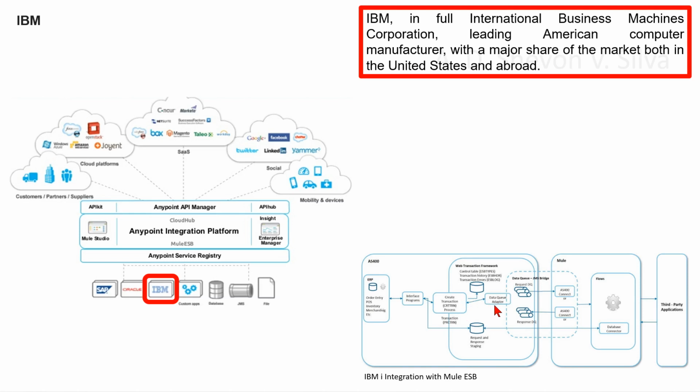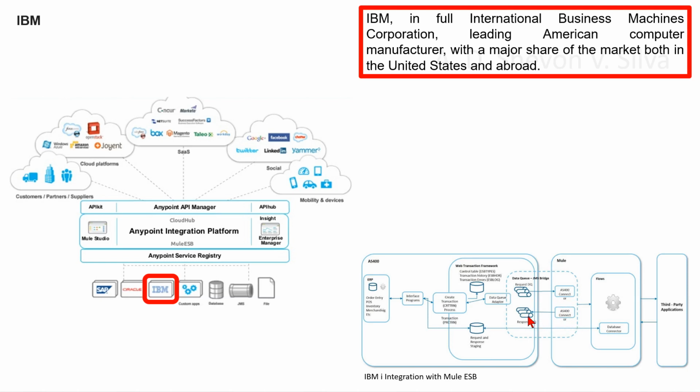Create transaction interacts with the data queue adapter. The data queue adapter interacts with the data queue, the JMS bridge, and here the request DQ is connected to the AS400 connector and response DQ.